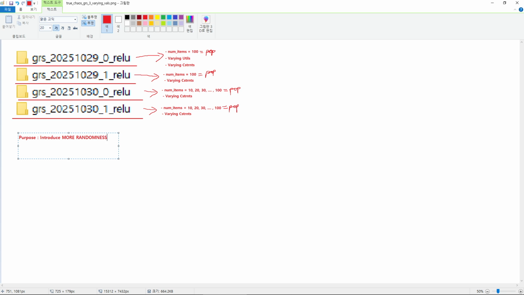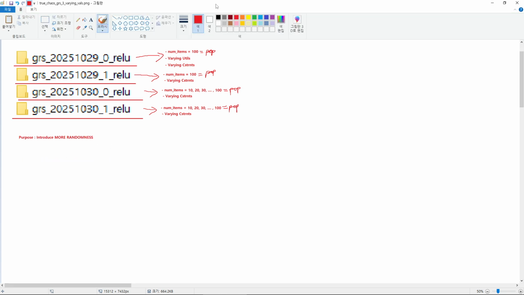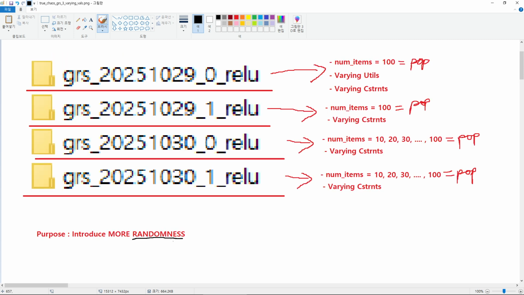More randomness in the evolution and progress, so that everything evolves whilst keeping some of the diversity through randomness. And this time all the additional randomness would be coming from all the varying values.